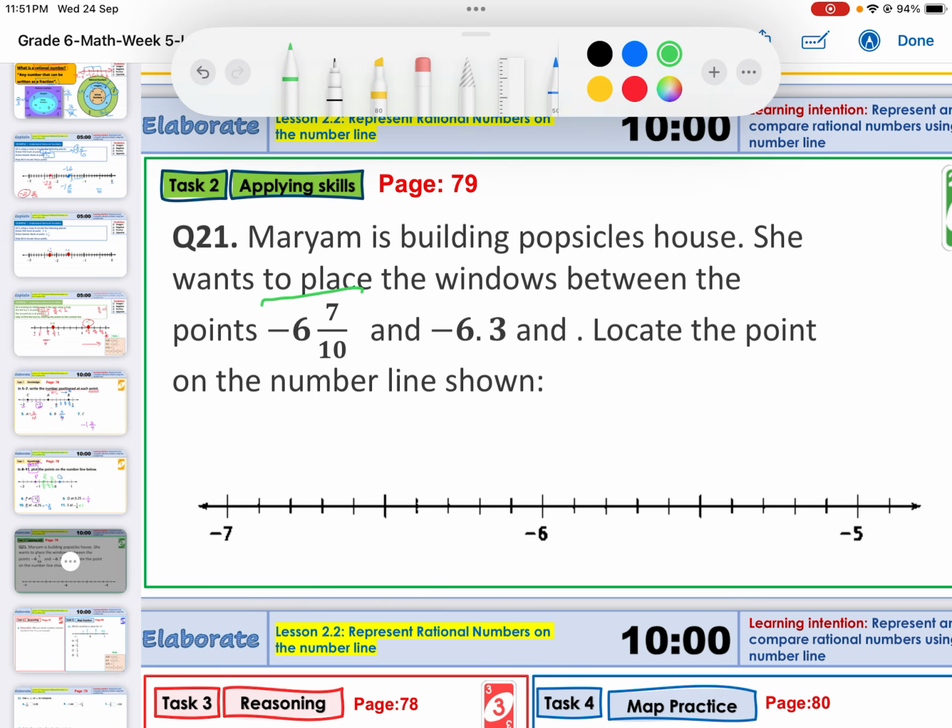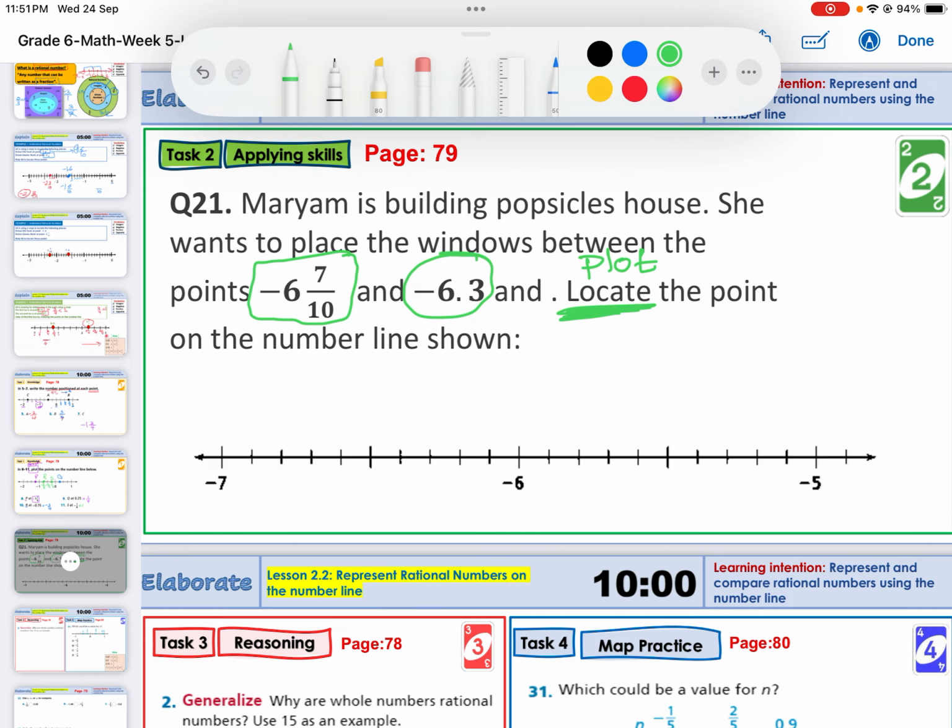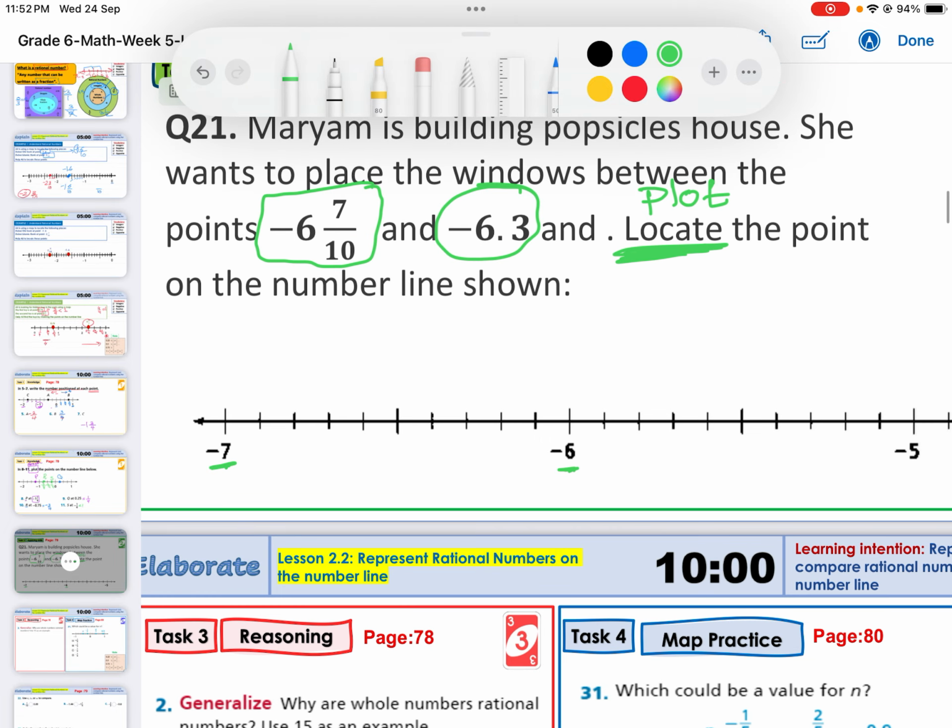Okay, obviously, your mixed numbers and your decimals start with the whole 6. So this decimal or this mixed number is going to be located between 2 wholes, which are 6 and 7. Okay, so let's just start with negative 6 and 7/10. Let's count.